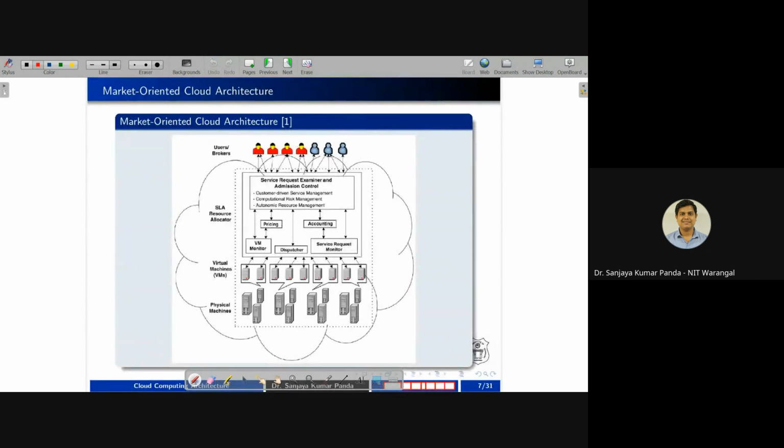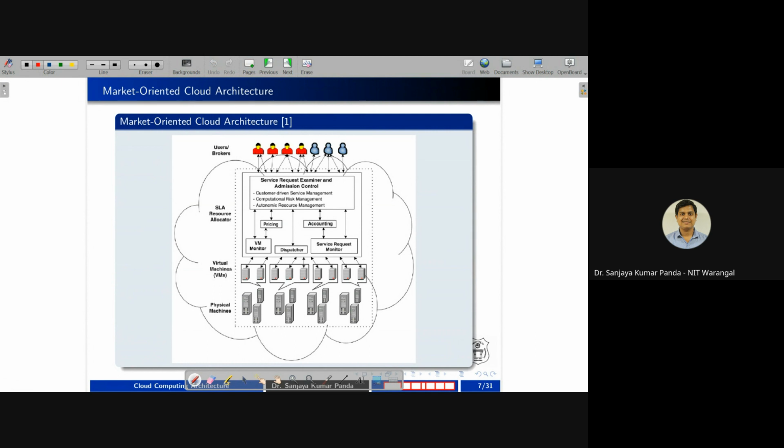Now, with this background, I'll tell you about a very simple architecture called the market-oriented cloud architecture. Here I'm showing you 4 different layers.